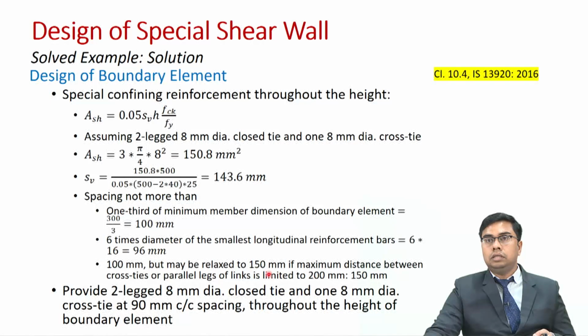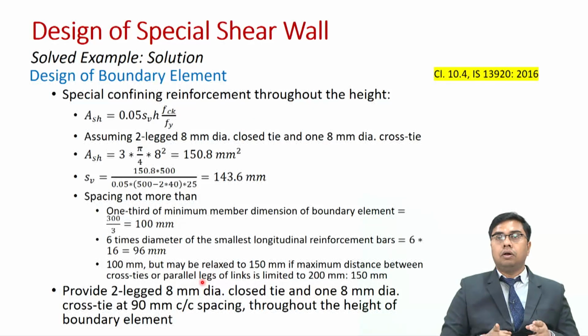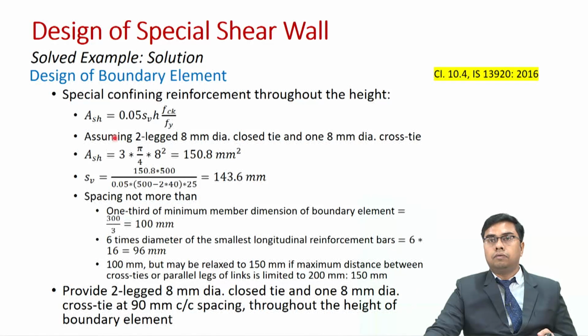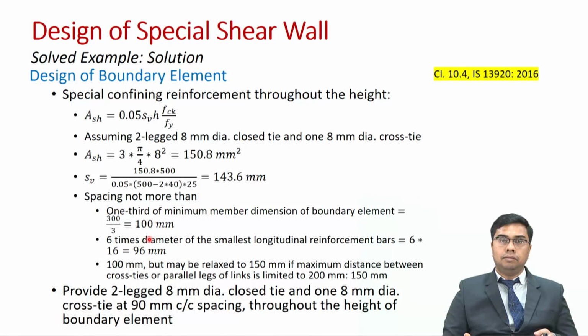Since in this case we have the distance between cross ties of parallel legs of the link lesser than 200 millimeters, as it may be clear from the geometry or from this assumption, this can be relaxed to 150 millimeters. But based on all these criteria the lowest is 96 millimeters. So you cannot have the spacing more than 96 millimeters.